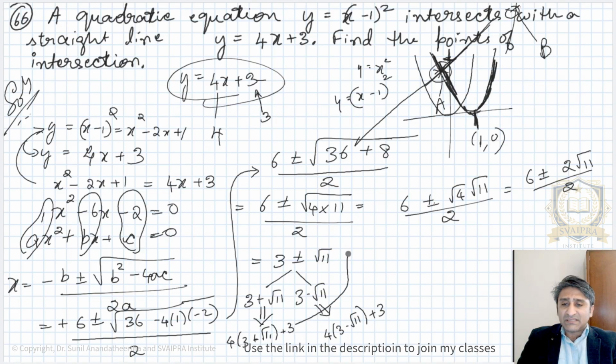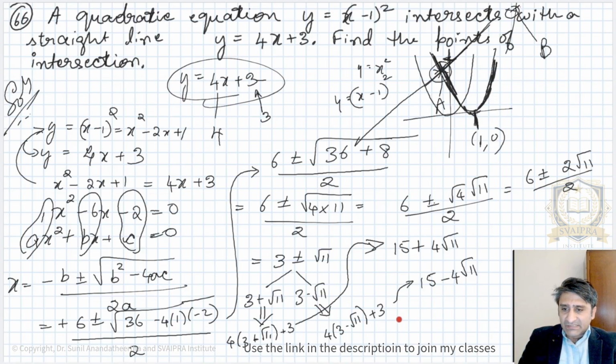This is 12 plus 3, which is 15, plus 4 root 11. And the other is 12 plus 3, again 15, minus 4 root 11.